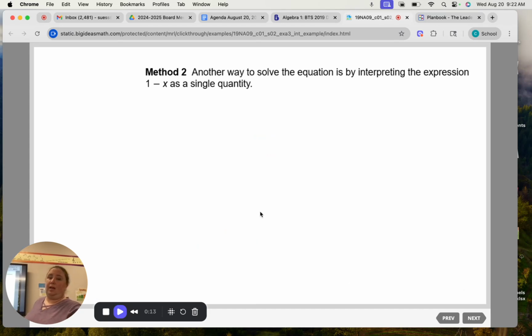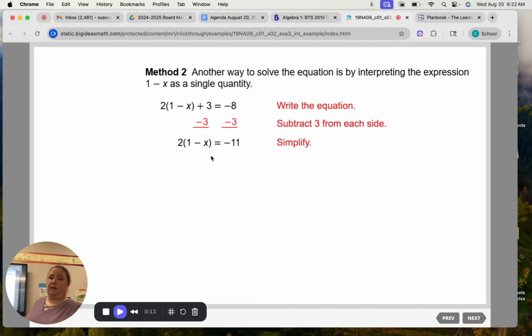All right. The second way, again, you don't have to write this if you don't want to, is by thinking of everything here in the parentheses as a single quantity. So then we would move the 3 first, which would give you the negative 5. And then you have this.